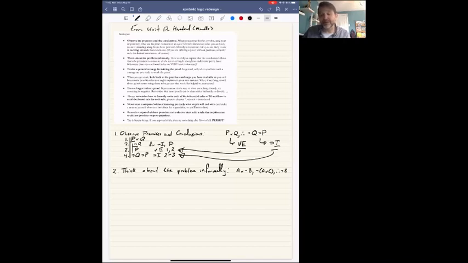So the second strategy involves thinking about the problem informally. In this case, we are presented with the following premises. I'm just going to start setting up the Fitch bar here as we think through this.